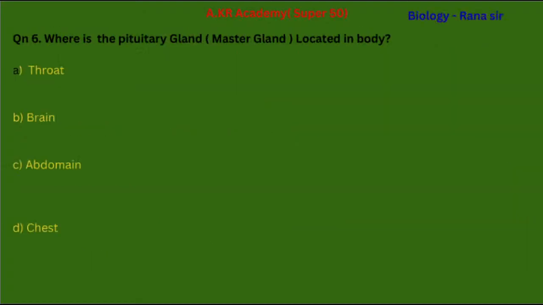And the next question is, where is the pituitary gland, the master gland, located in our body? Throat, brain, abdomen, chest. Where is it?